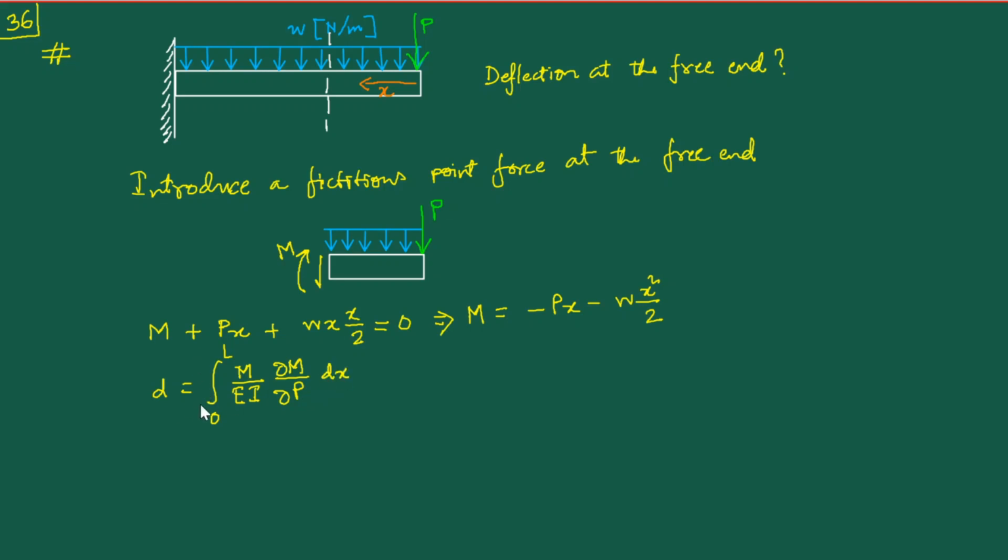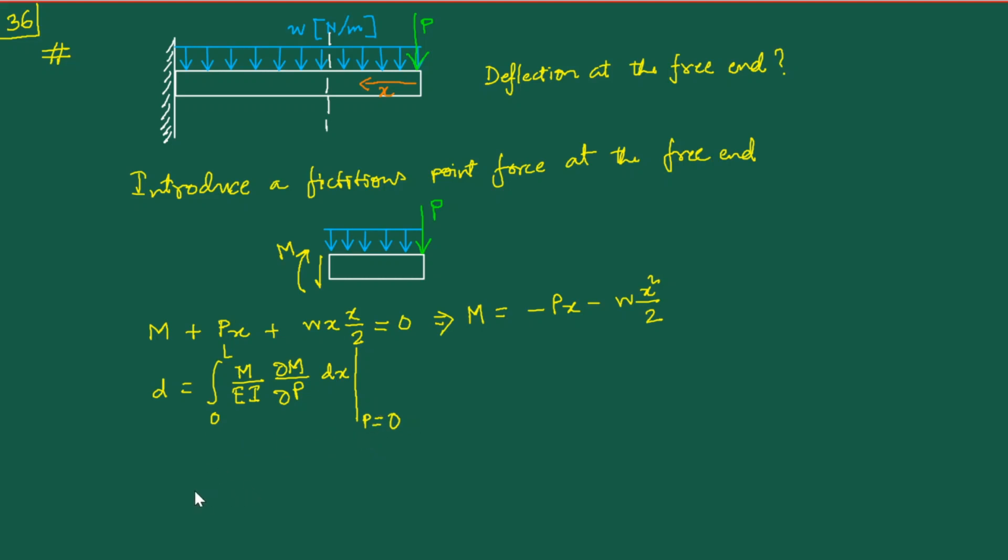So we basically have del by del P of integration 0 to L M square by EI, and if we actually carry out the differentiation, M square becomes M by EI, then del M by del P. I hope none of you have a problem with this. The important thing to note in this problem is that this entire calculation has to be done in such a way that the value of the integration is evaluated for P equal to 0. That we must remember.